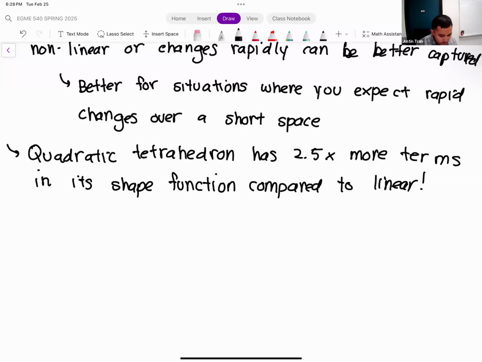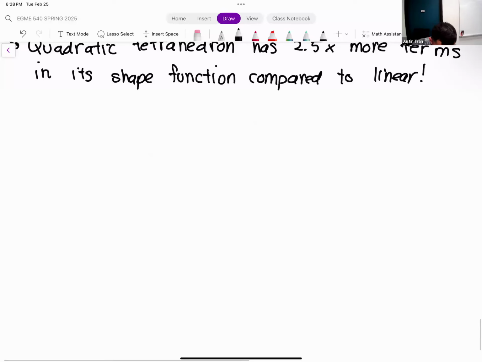Okay, so let's move on to the hexahedrons. We are running a little bit out of time, so some of this may bleed over into Thursday, but let's look at the linear.